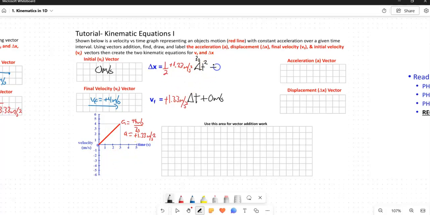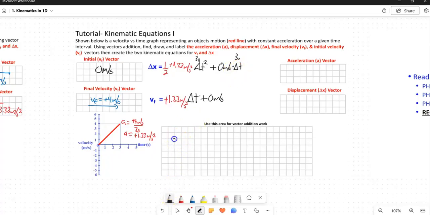And then we're going to add to that 0 meters per second times 3 seconds, which is delta t, which we didn't have to do. So you have 0 meters per second, and 0 meters per second for 3 seconds is just 0.